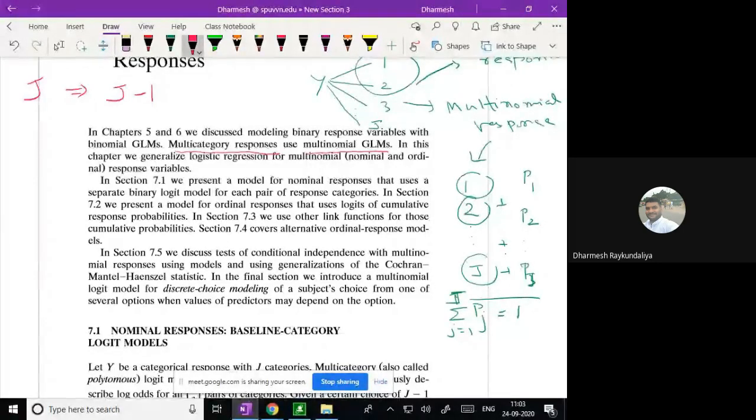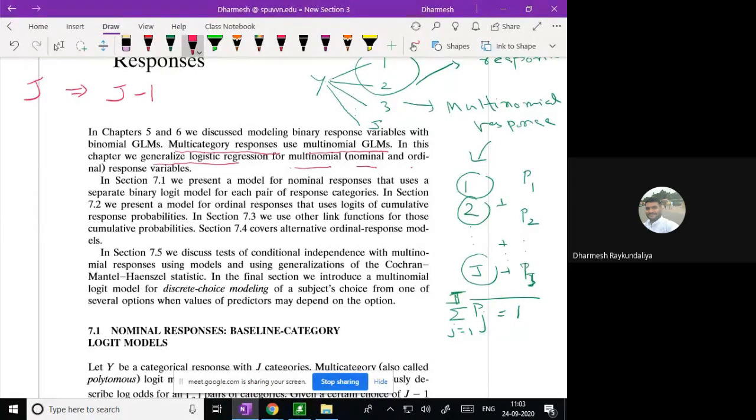So what I mean to tell you is that when you have more than one choice, and from several choices you have to select any one, not at least one, only one, then the response is said to be a nominal response, a categorical response, or you can say a multinomial response. So we will generalize the logistic regression for the multinomial, because multinomial, I always say, covers the nominal as well as the ordinal variable.